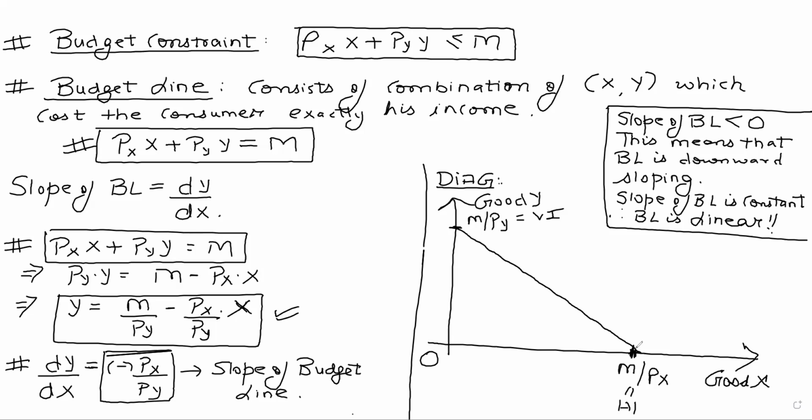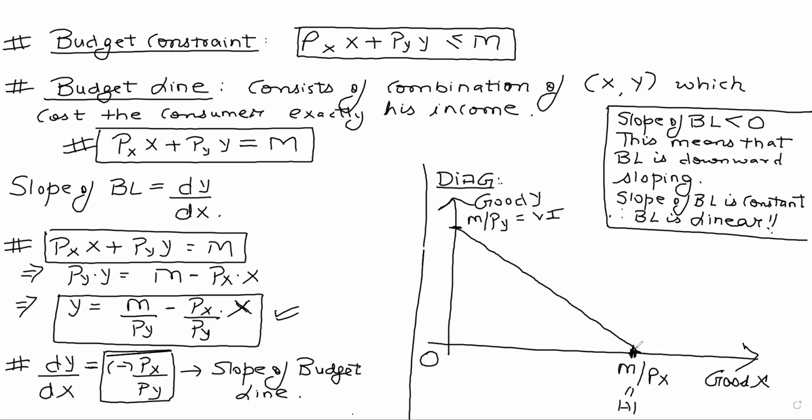So you can see I have drawn a straight downward sloping budget line. Why is the budget line straight? Because the slope of the budget line is a constant. Why is it downward sloping? Because the slope is negative. Students should be able to argue everything logically and mathematically in this course. You should know why the budget line is straight.